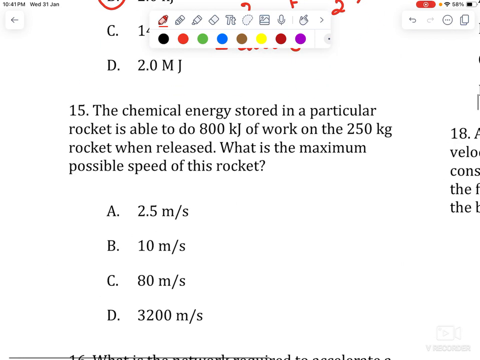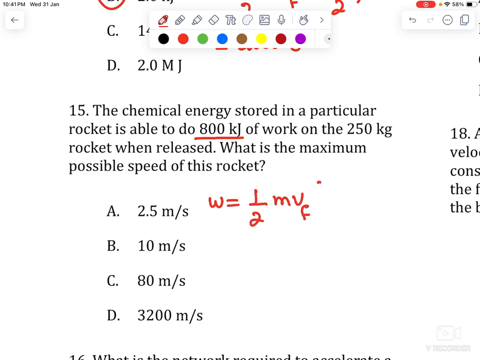Number 15, you have a chemical energy stored in a particular rocket and is able to do 800 kilojoules of work on the 250 kilogram rocket when released. What's the maximum possible speed? So also starting from rest, the work is the change in kinetic energy.